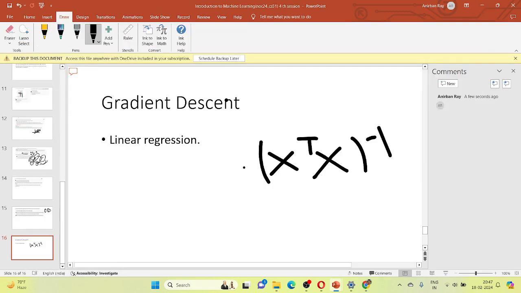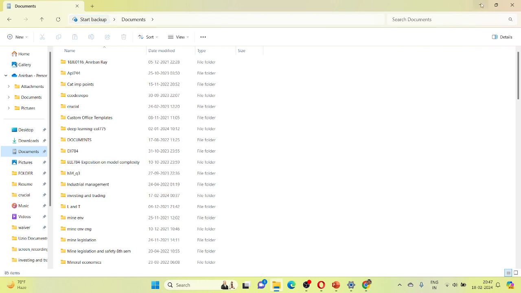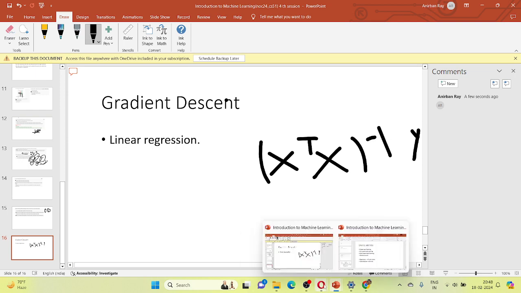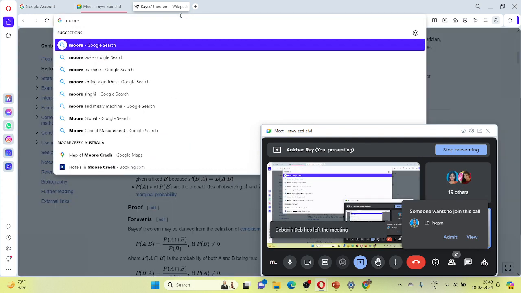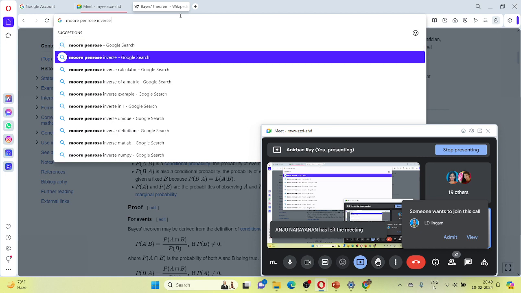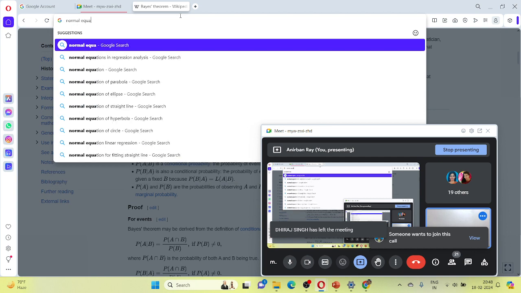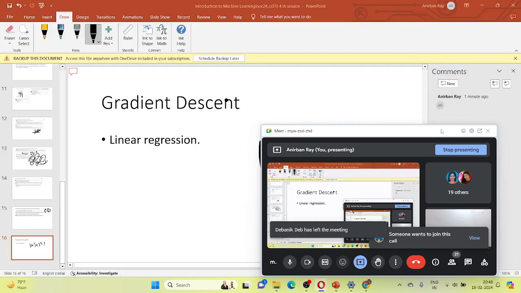Okay, not here. That pseudo inverse formula, what was that? Y was here, and x was there or not? Okay, let me see. Beta is equal to x transpose x, the whole inverse, into x transpose y.